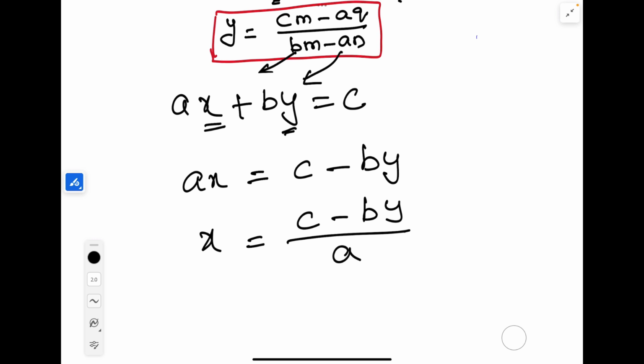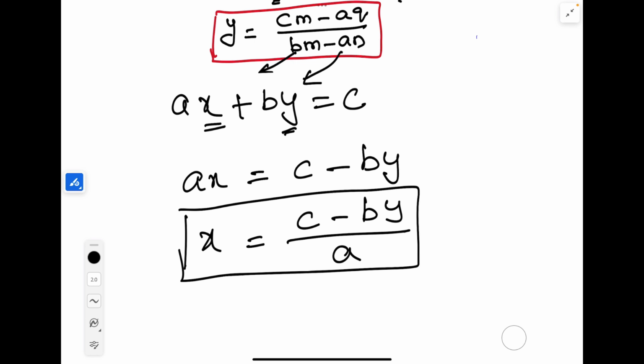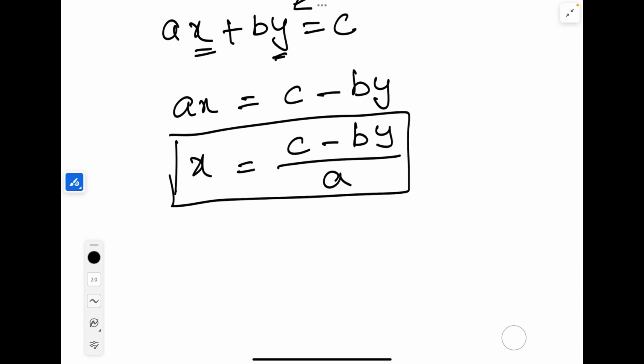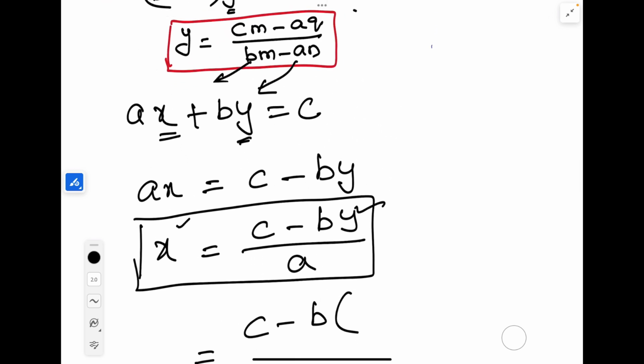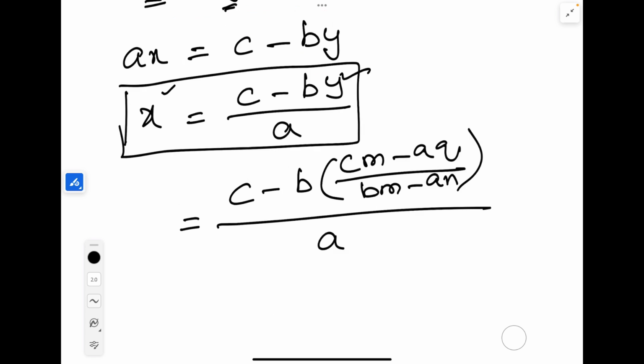So I am writing this full equation like this. That means everything I have transposed except x, so that directly when I substitute the y value, I will get the x value. So c minus b times, what is the y value we got? cm minus aq by bm minus an, all by a, right?